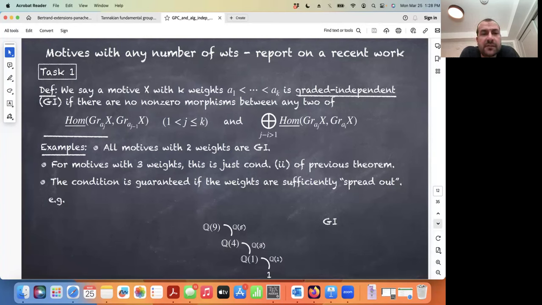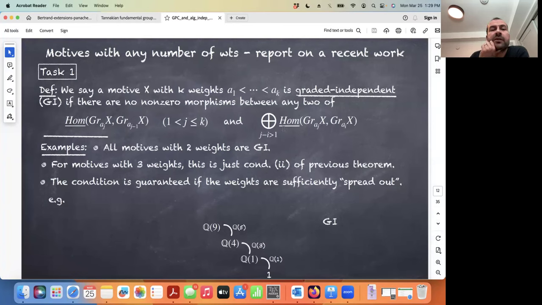Now, focusing on the first task, let's give a definition. We're going to say a motive X with K weights A1 to AK is graded independent, GI for short, if there are no non-zero morphisms between any 2 of these objects. Now, what are these objects? These objects here are the internal Homs between the consecutive graded pieces. So I get K minus 1 objects there.